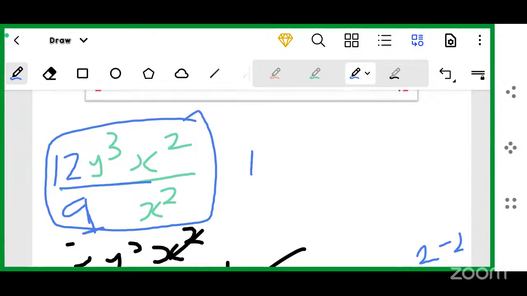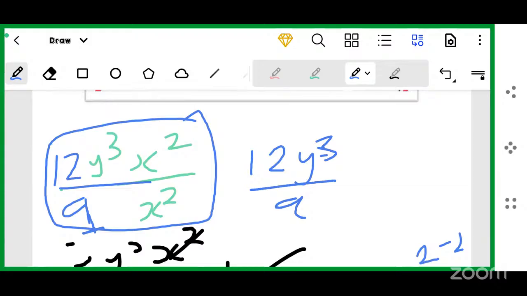So you said you got 12y to the power of 3 divided by a. Okay, so let me cancel this part. Let me just calculate it on my side and see if we were using a, what we were going to get. Oh, and my time is up.